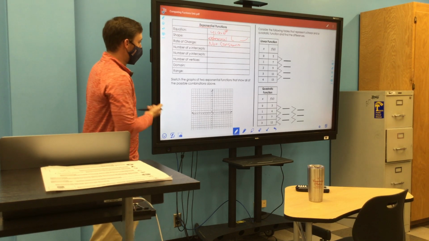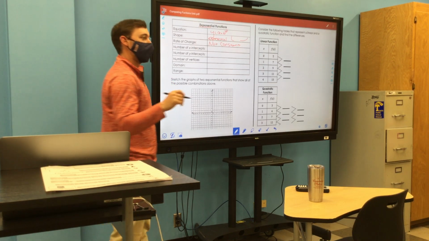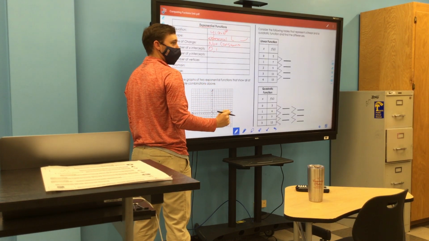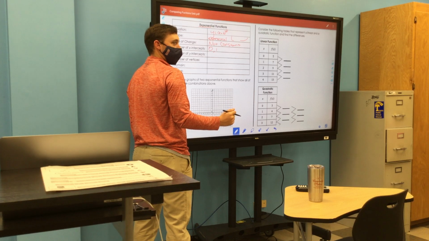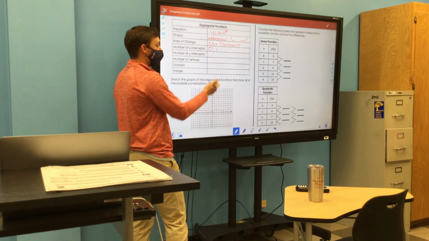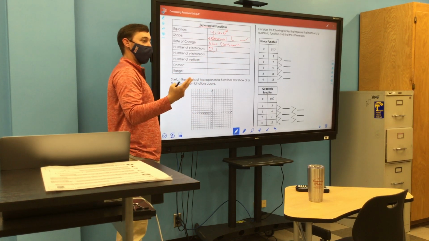Okay? Now, your number of x-intercepts, you could have 0 or you could have 1. Which one is the only one that can have 2 x-intercepts? The quadratic, right? Here's exponential, we only got 0 or 1. Which one can have 2 x-intercepts?